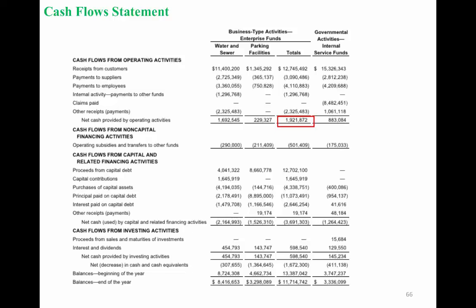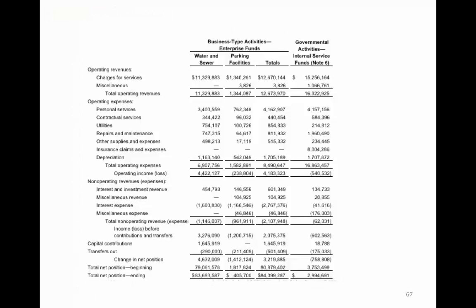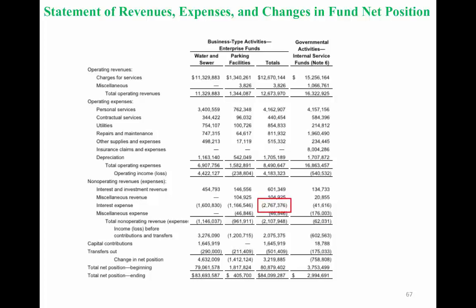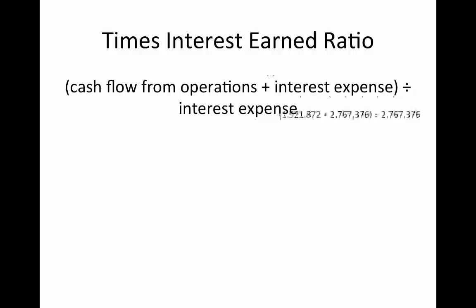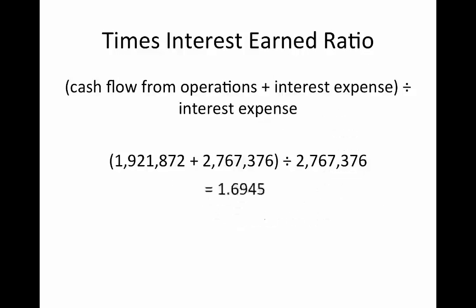This is your net cash provided by operating activities, so that's your operating cash flow. You can get interest expense from the non-operating expense section of the Statement of Revenues, Expenses, and Changes in Fund Net Position for the proprietary funds, and that gives you a ratio of 1.69.